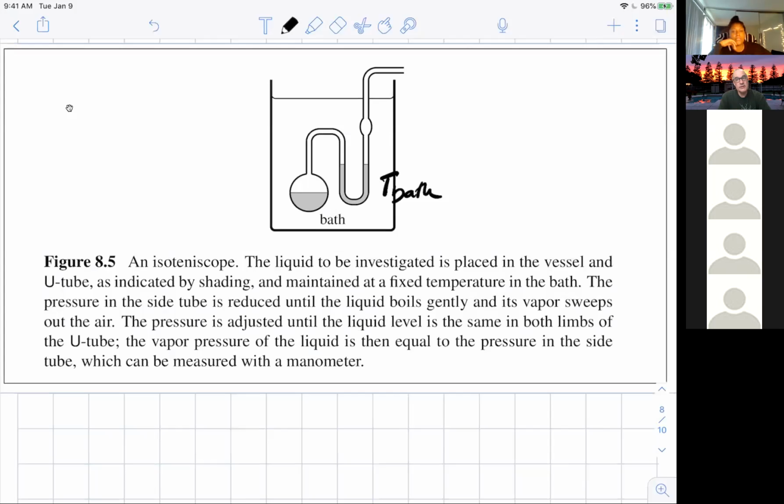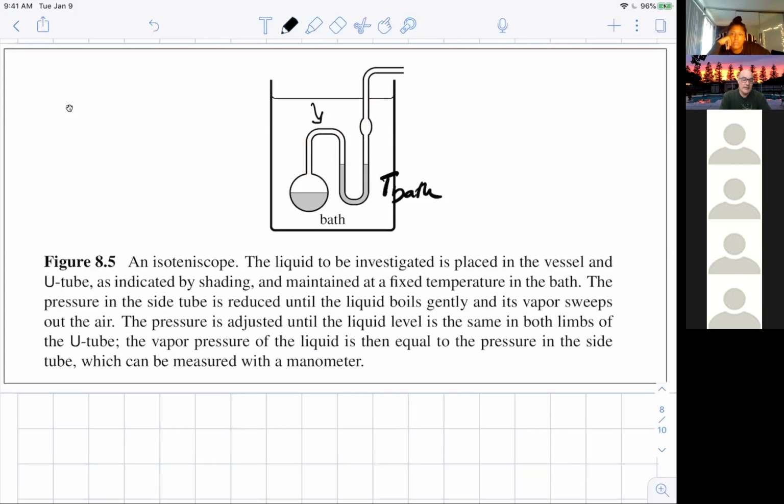And the reason we do this is to make sure that the only vapor above the liquid is the liquid, right? So in other words, this is where we have to be careful. And initially, this whole line was a vacuum, and then we get some of the liquid in here. So the only thing in between here is the substance we're studying.